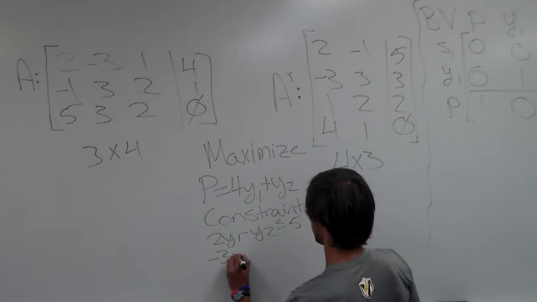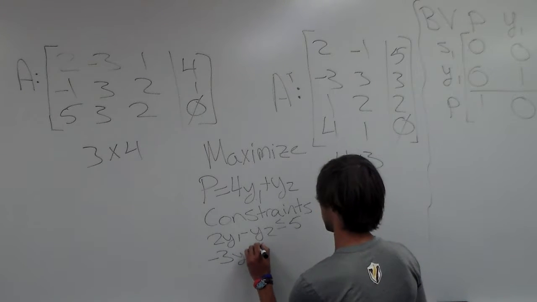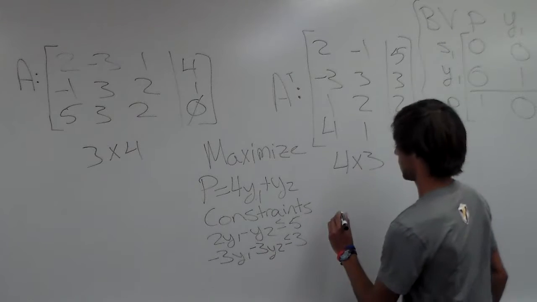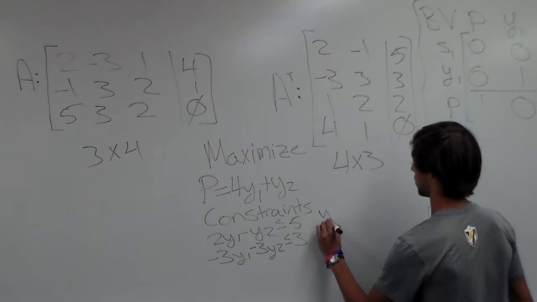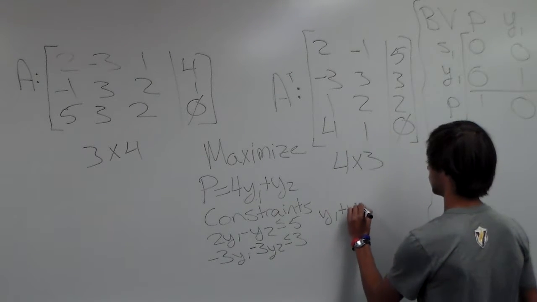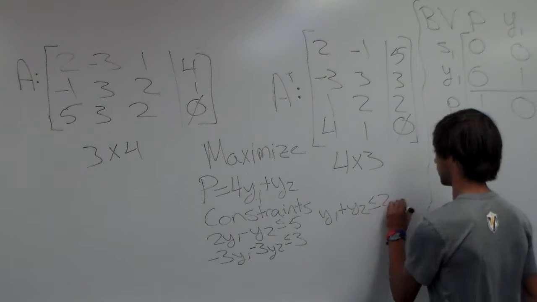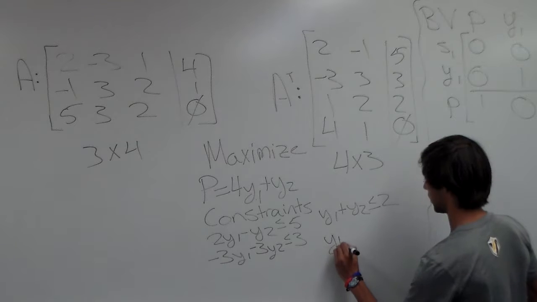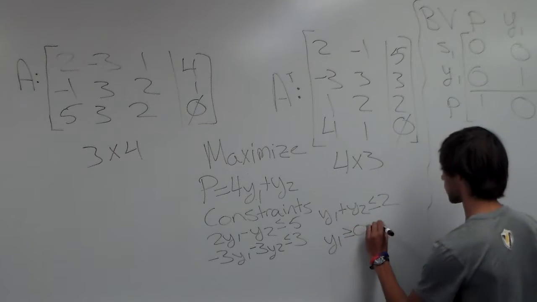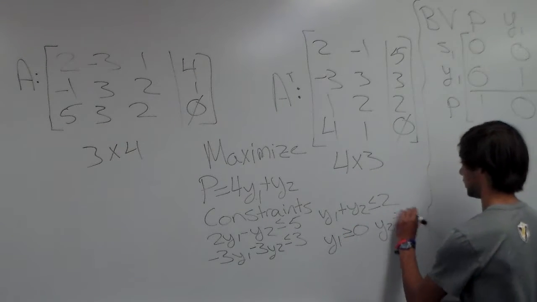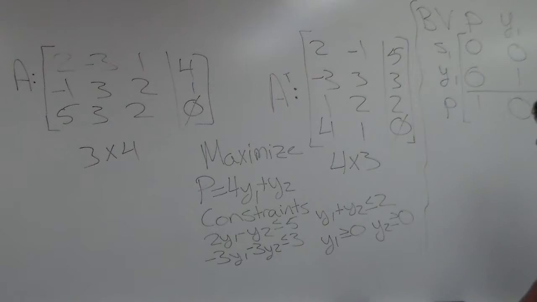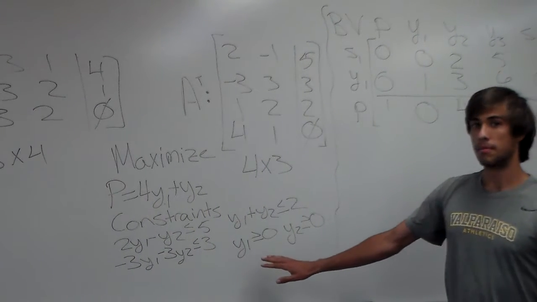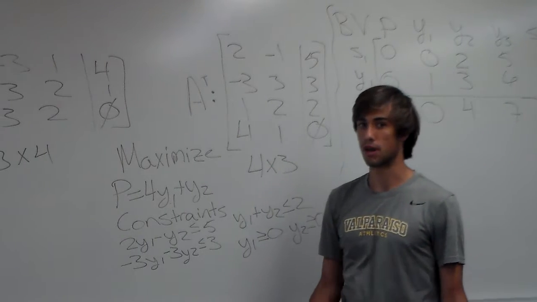So negative 3y1 minus 3y2 is less than or equal to 3, and y1 plus y2 is less than or equal to 2. And as always, we need to have our variables greater than or equal to 0, as they cannot be negative. So they have to be non-negative values. And so that is now our dual maximum problem for our original minimum problem.